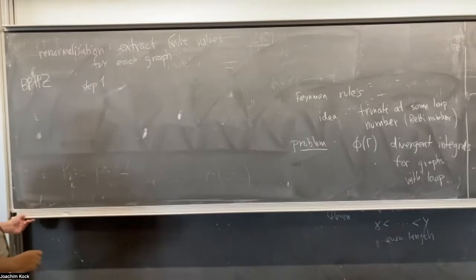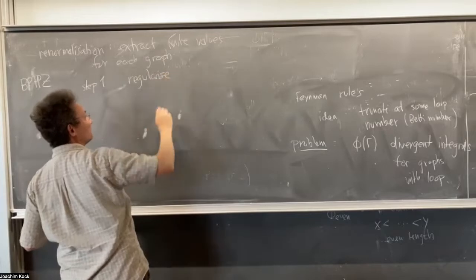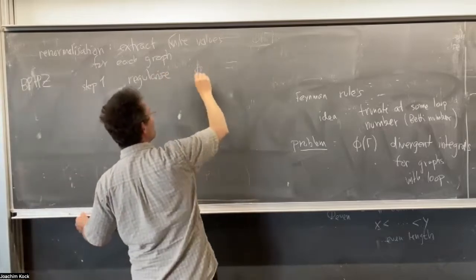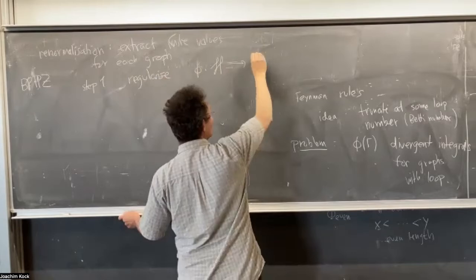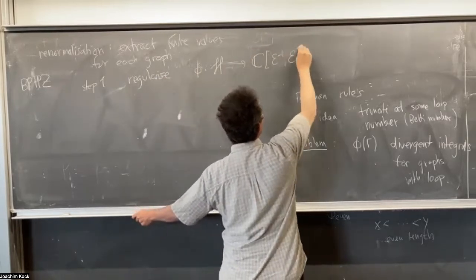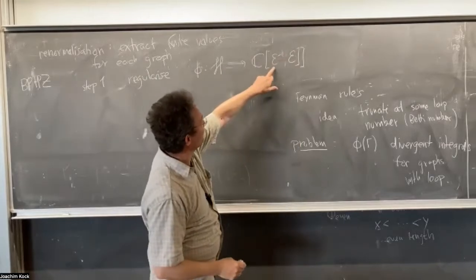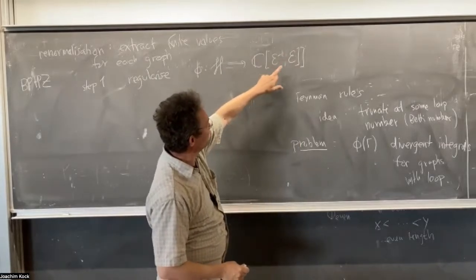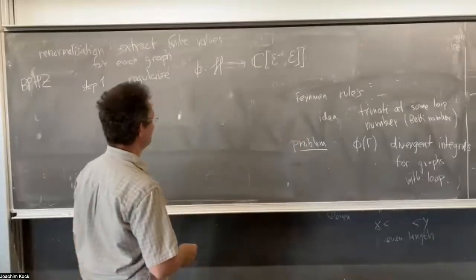Step 1, you regularize. That's a standard trick, so you just change the definition of the Feynman rules so that they take values in Laurent series. This is the physicist notation for allowing only finite negative powers, but infinite positive powers.